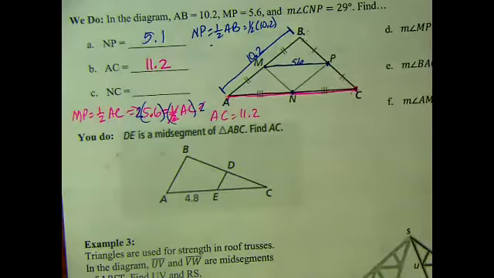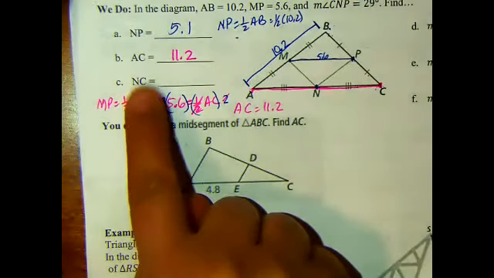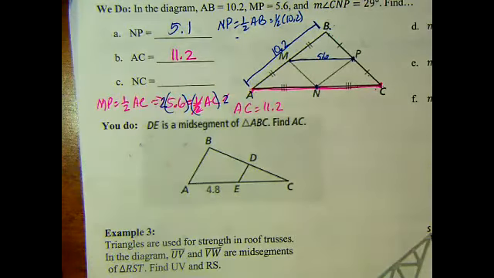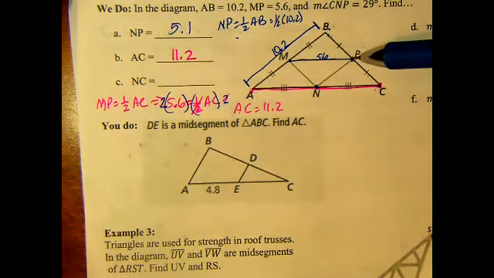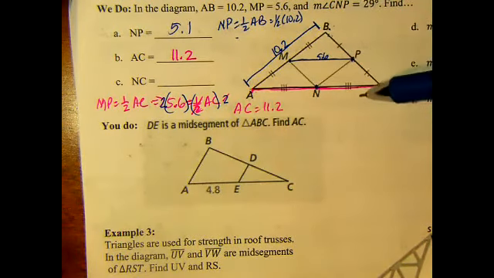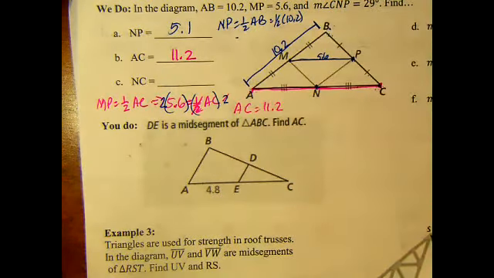What about NC? I want you guys to give me NC. What is the length of NC? Let's see how many of you can get that. Given that your midsegment is MP, what is the length of NC? I want you to write it in the chat. I'm looking for participation.